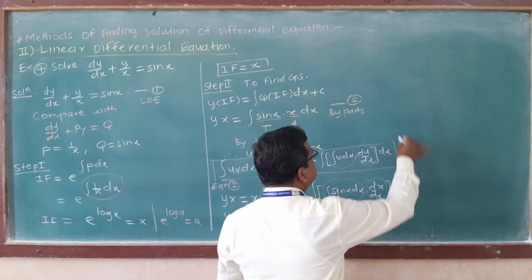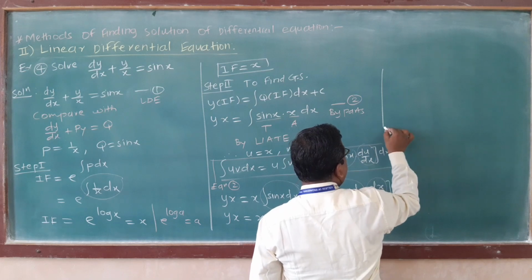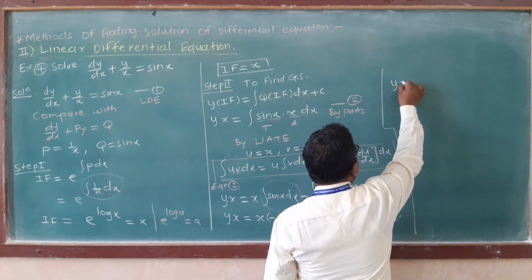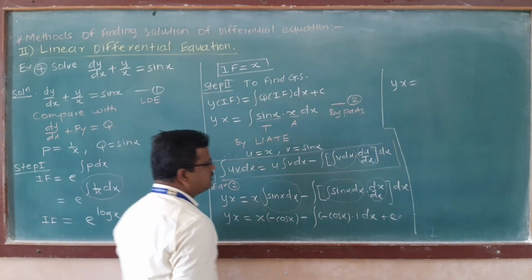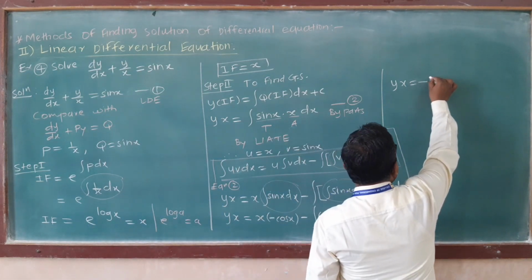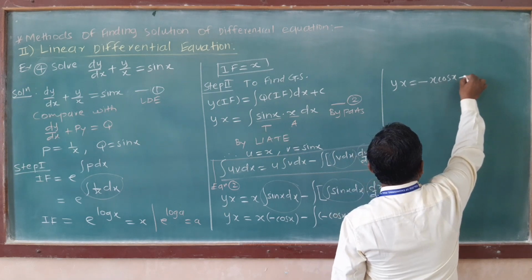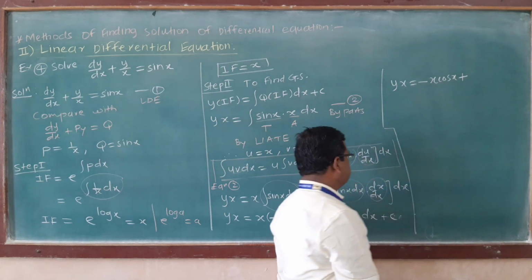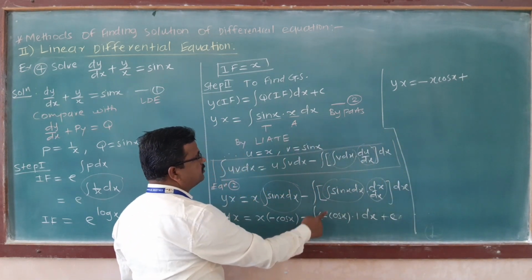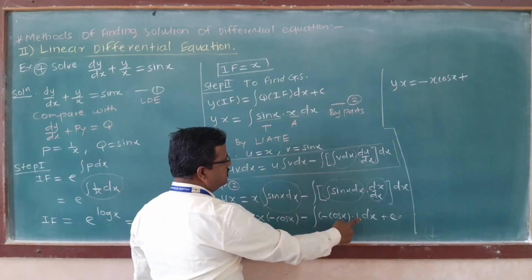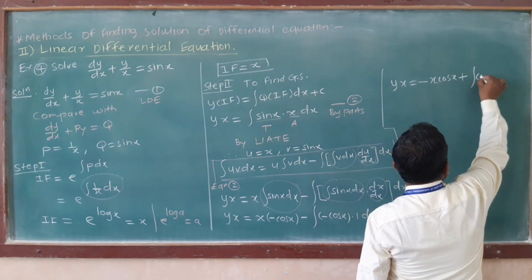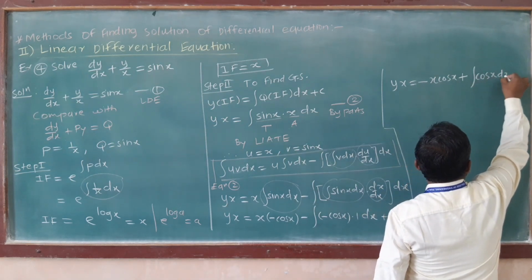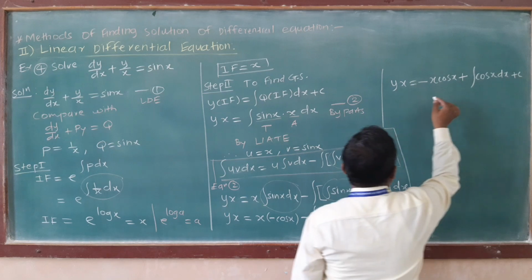So therefore we get y into x is equal to minus x cos x, and minus into minus will be plus cos x into 1, that is cos x. So this will be integration of cos x dx plus c.